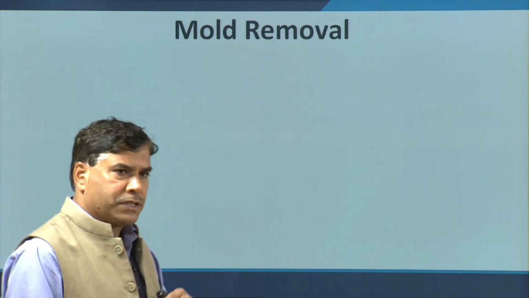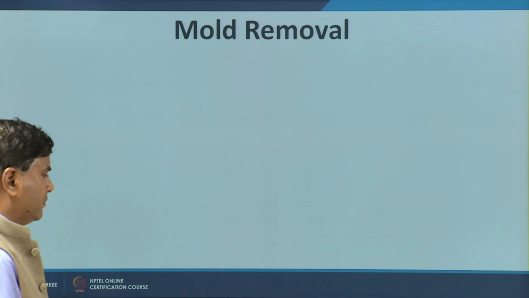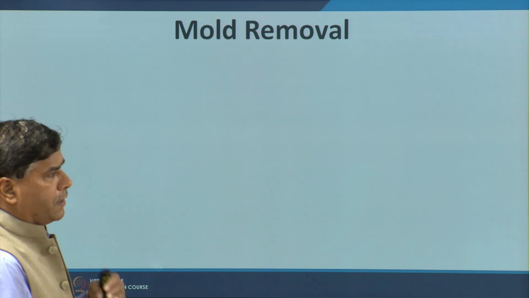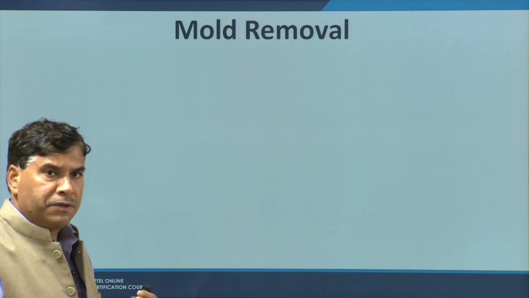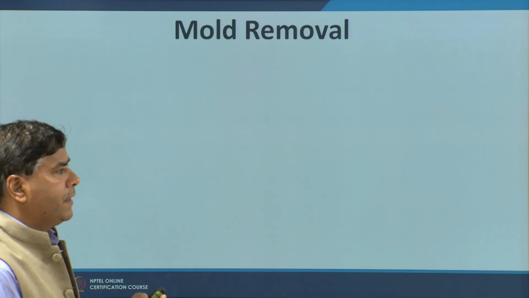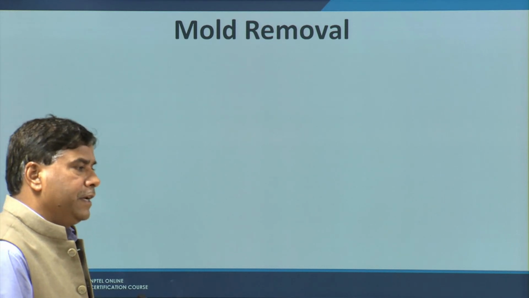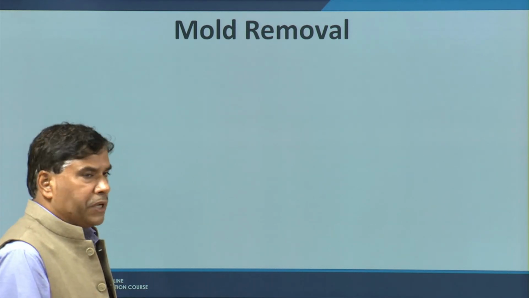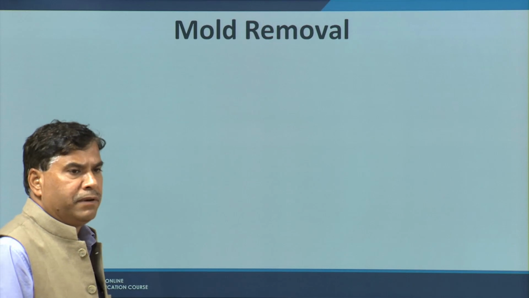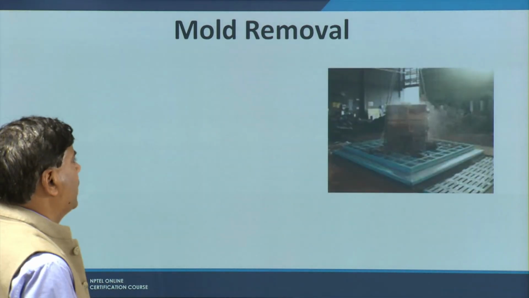After the solidification, the castings need to be removed from the mold, depending upon the type of mold being used, whether it is expendable or non-expendable. In the case of expendable molds, the mold is to be broken to take out the casting, and in a non-expendable mold the casting is simply ejected from the mold cavity.